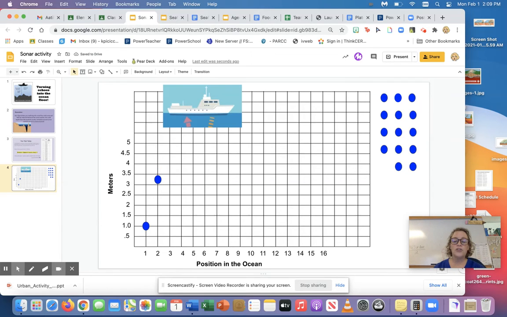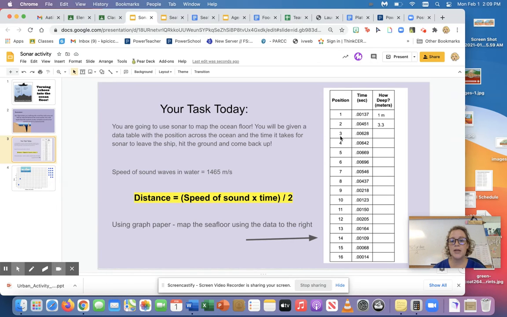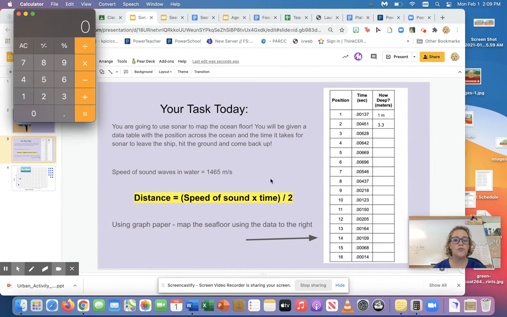Let's try one more, and then you can do the rest on your own. Let's go back to 3. Let me get out my calculator again. This time I'm going to do the speed of sound again, so 1465 times this number, 0.00628, and I get a number, 9.2. And then don't forget, divided by 2.